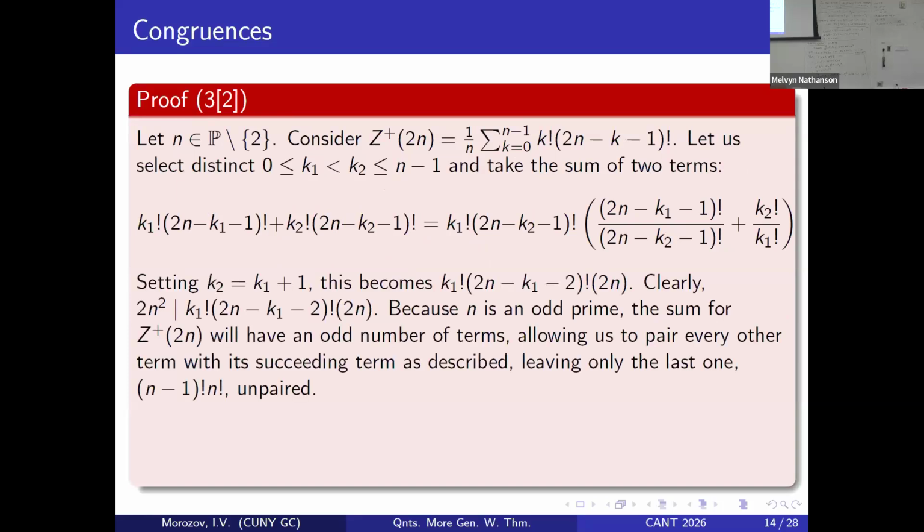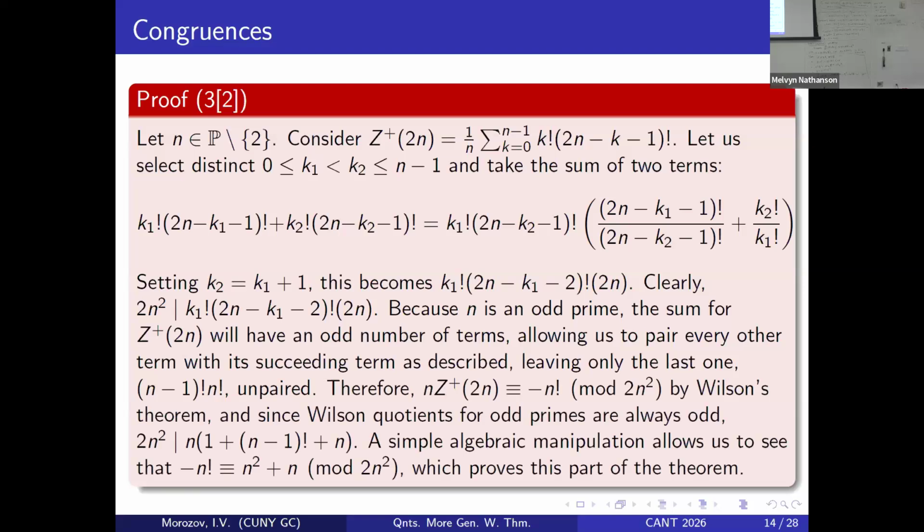But we'll see that if you take the sum of two consecutive terms, then 2n squared will simply divide this. So this sum is going to have an odd number of terms. So we just pair, let's say, the first to the second term, third to the fourth term, and the sum of each pair is going to be divisible by 2n squared. So only the last one, n minus 1 factorial times n factorial, is going to be unpaired.